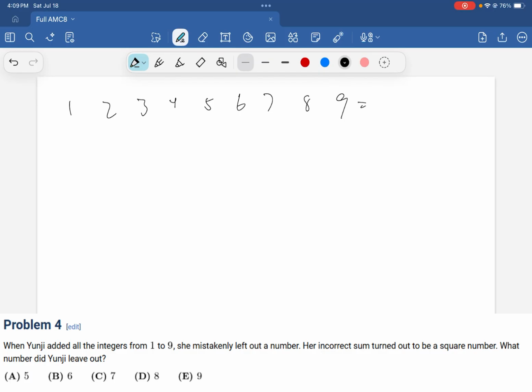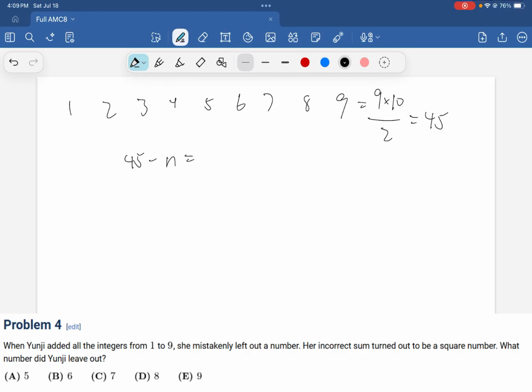that's the same as the sum of all of these minus a specific number. The sum of all of these, as you know, the formula for this is n times n plus 1 over 2. You might know this is 45. And we want 45 minus some number n to equal a square number.